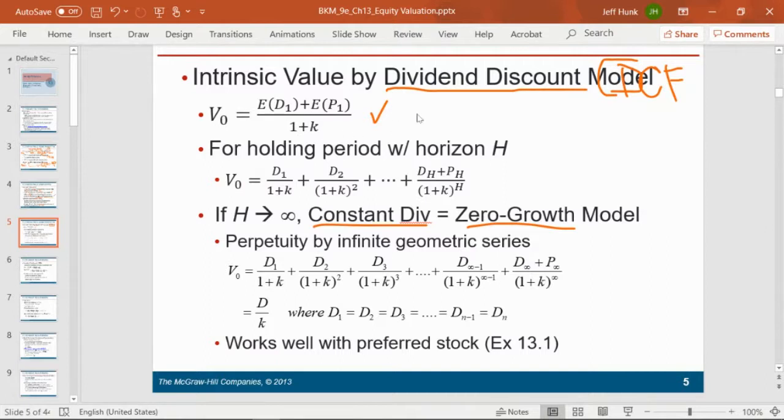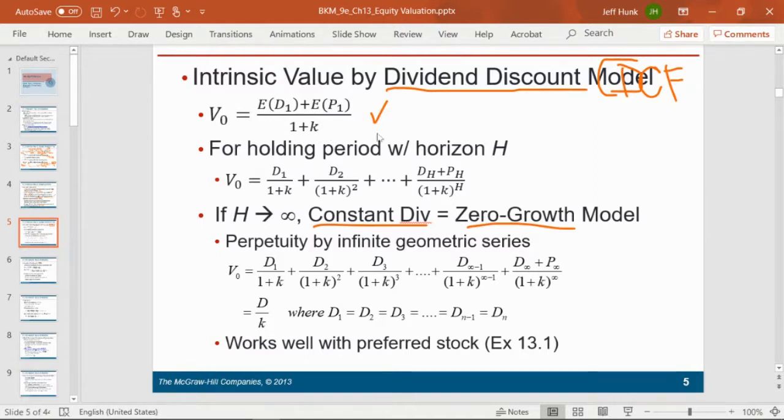But think about it. If we are solving this equation, because this is a discounting model, which is present value.